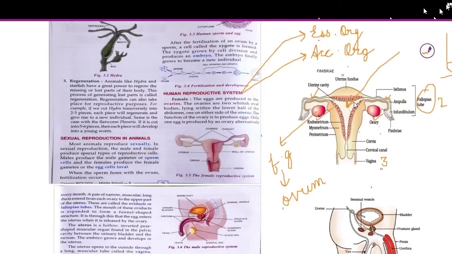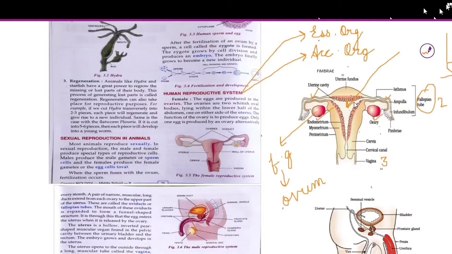When I say pelvic cavity, what do I mean? I mean the area within the pelvic girdle. If you have studied a little in your lower grades the chapter on skeletal system, locomotion and movement, you must know about the pelvic area, which includes all the organs situated in the lower abdomen, enclosed within the pelvic girdle.